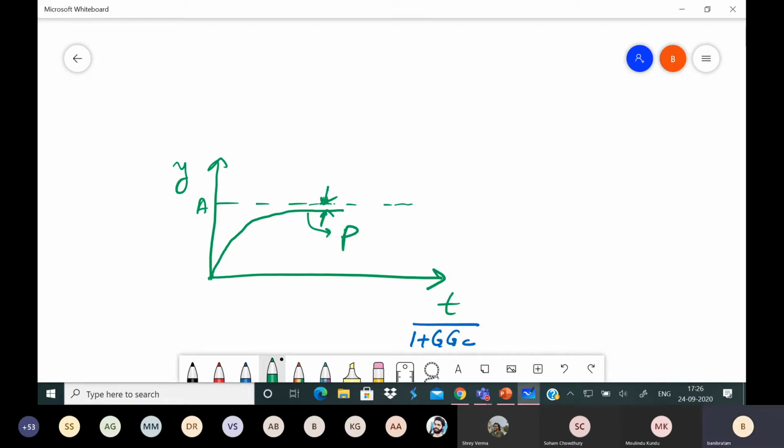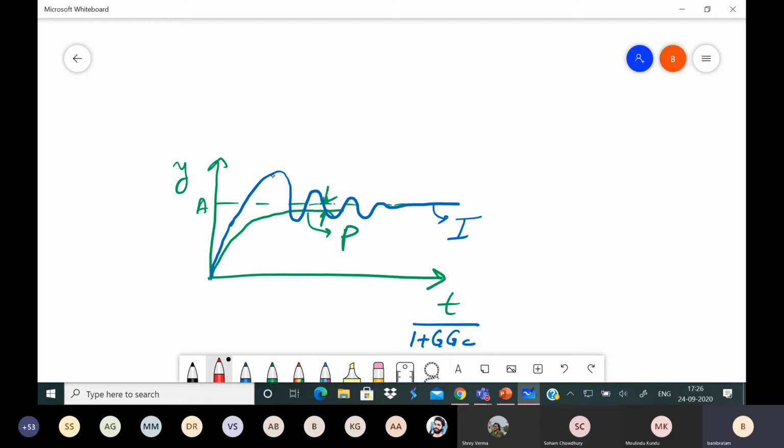Now if we use integral control, then what will happen? Because of this integral control, your response is something like this. So here the steady state error is 0, and this corresponds to I. Now what is the problem in this I?